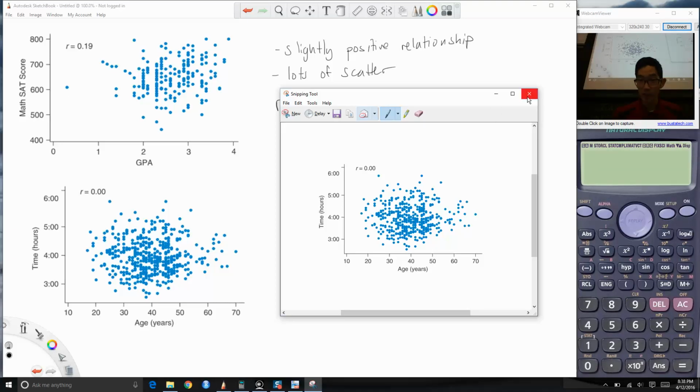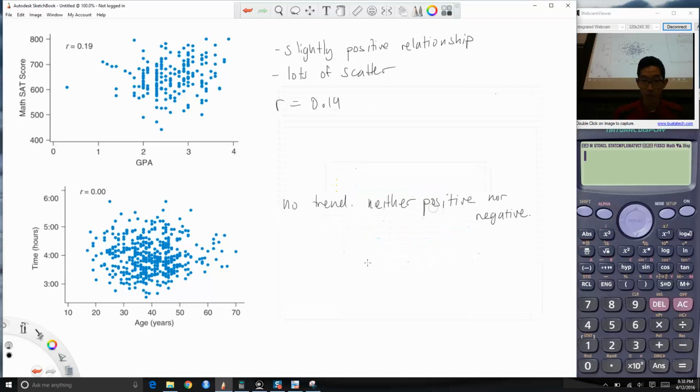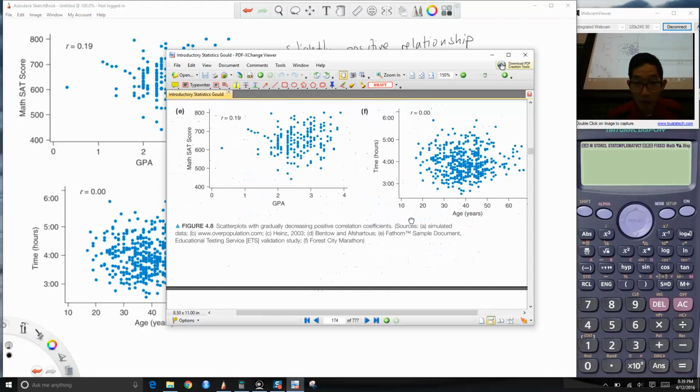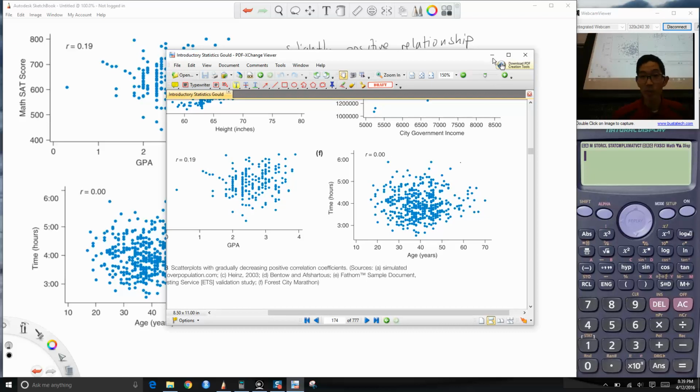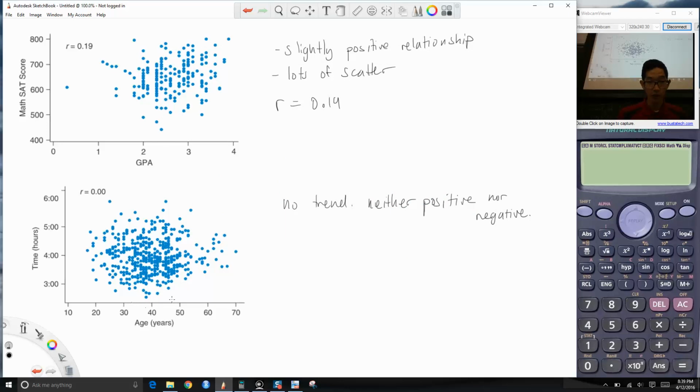So I'm actually not entirely sure what graph F represents. Oh, okay, this was how long it took someone to complete the marathon, and we're looking at age, okay?